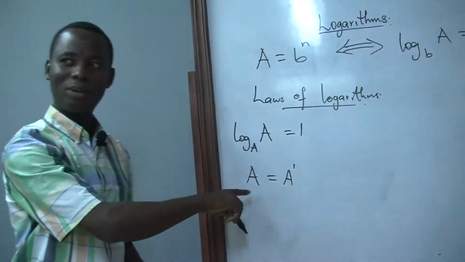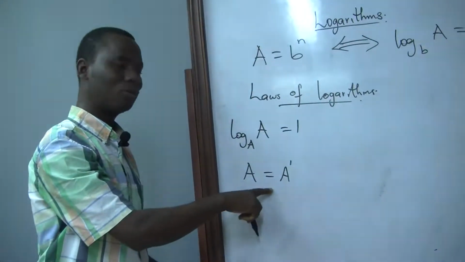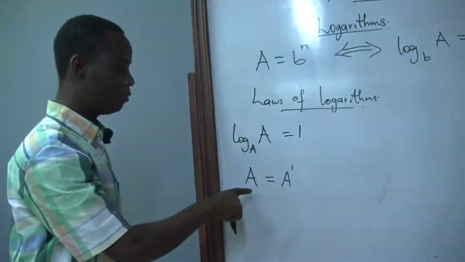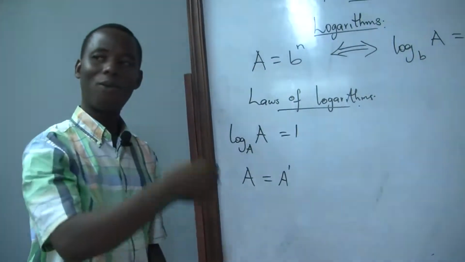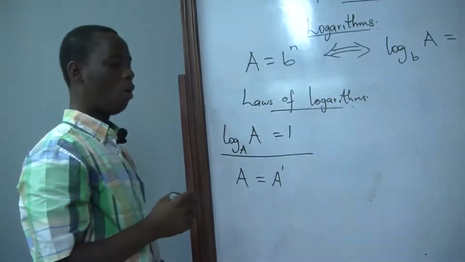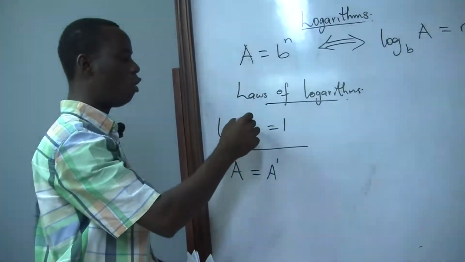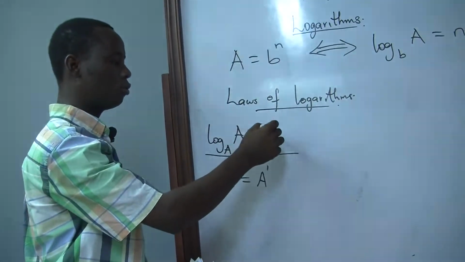You remember this from last week when we were dealing with indices? Beautiful. A equals A raised to the power of 1. So any number equals that same number raised to the power of 1. That confirms this relationship for us: whenever we have log of any number in the base of that same number, the result equals 1.